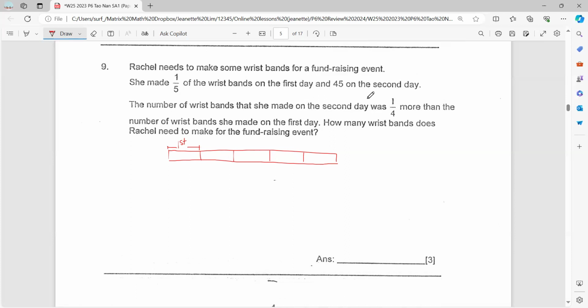So for the first day, let's split it into 4 units, so that we can tell what is 1/4 more. So for the second day, it has to be more than the first day. So more than these 4 units, and it's 1 unit more. So for the second day, it will not just be 4 small units, but 1/4 more, so 1 more unit.